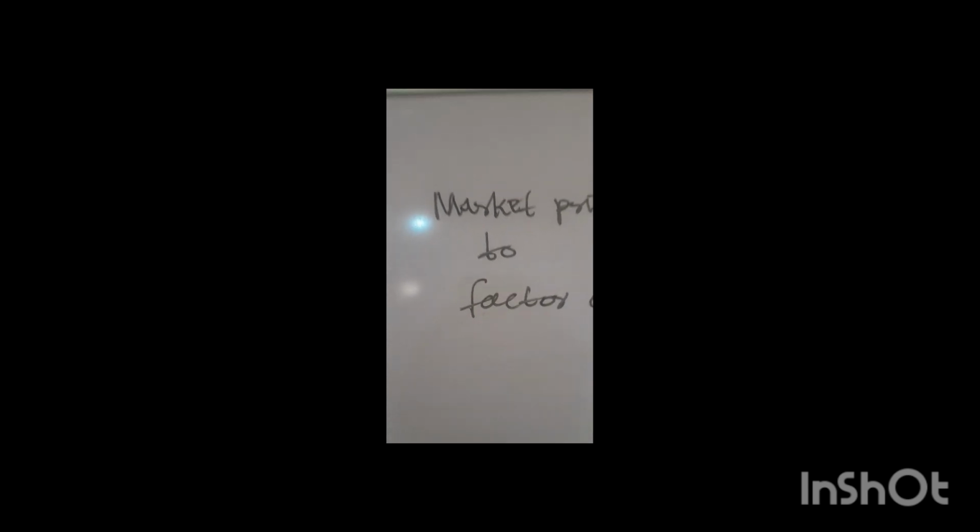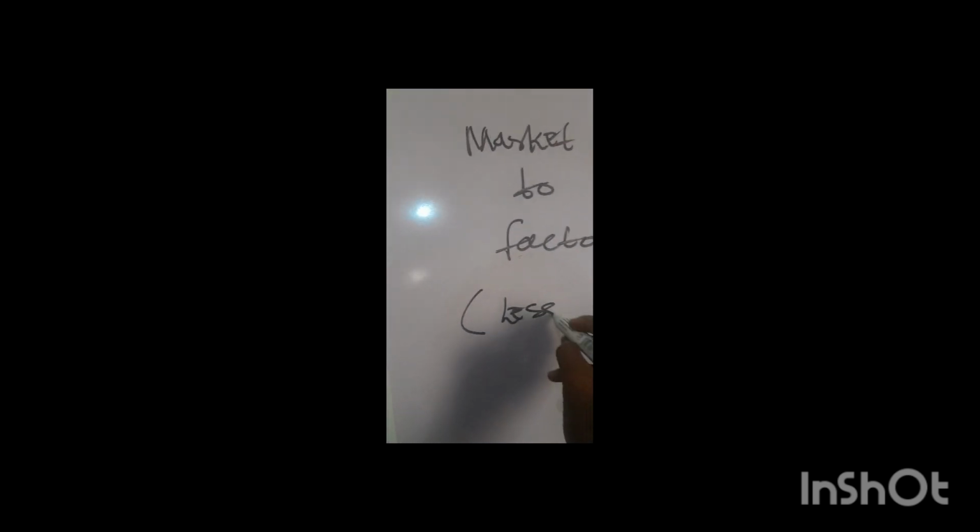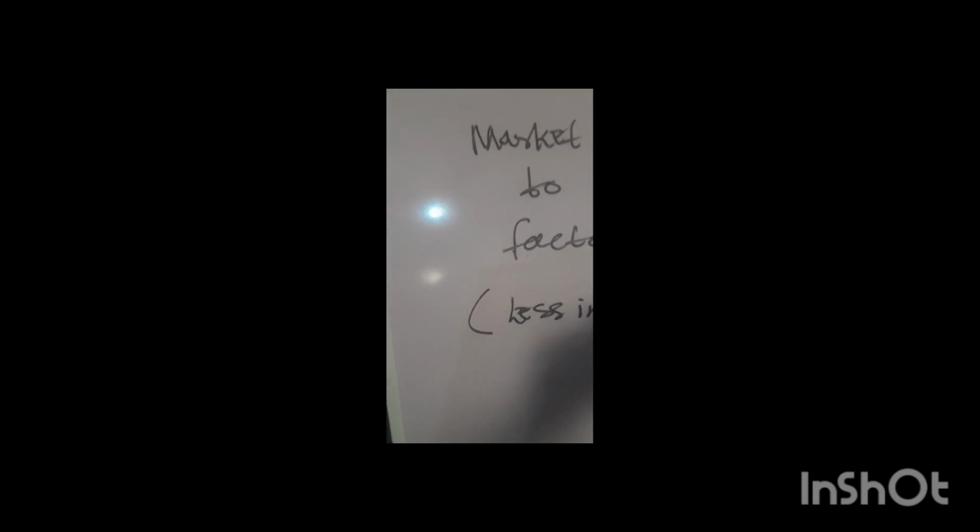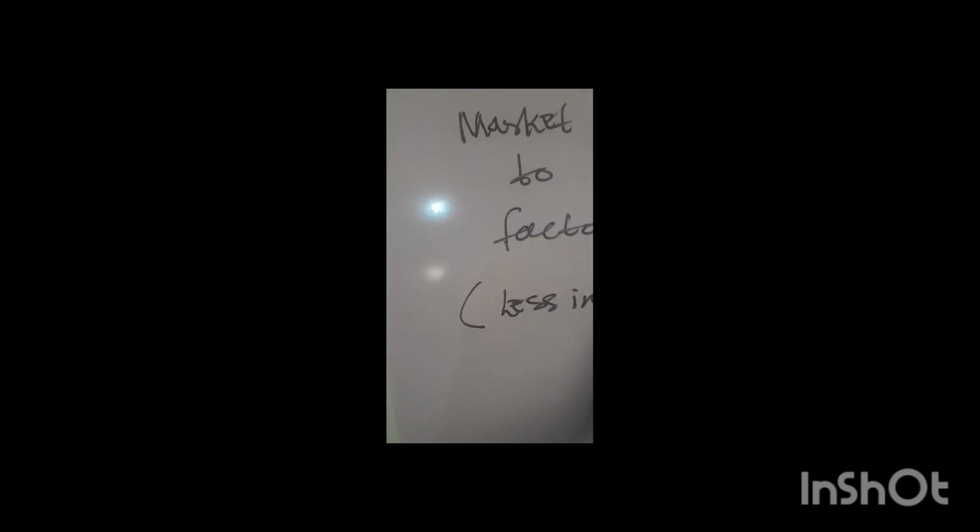If we are converting from market price to factor cost, we simply take the action: less indirect taxes and add subsidies.